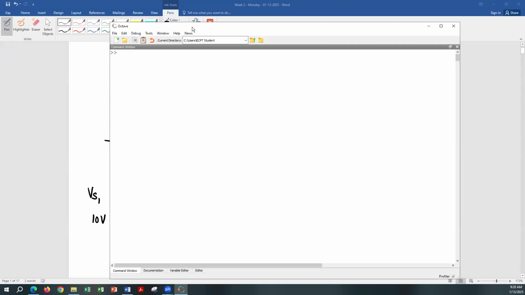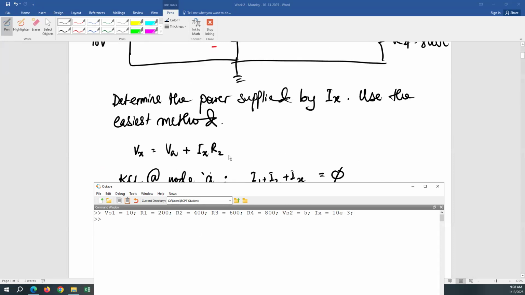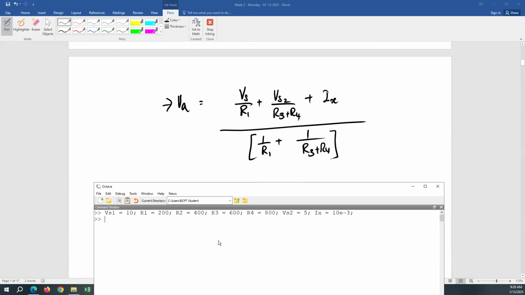Okay, so let's see what the values are. Vs1 is 10, R1 is 200, R2 is 400, R3 is 600, R4 is 800, Vs2 is 5, and Ix is 10 milliampere. So these are all my values, and with these values, I'm going to calculate VA.